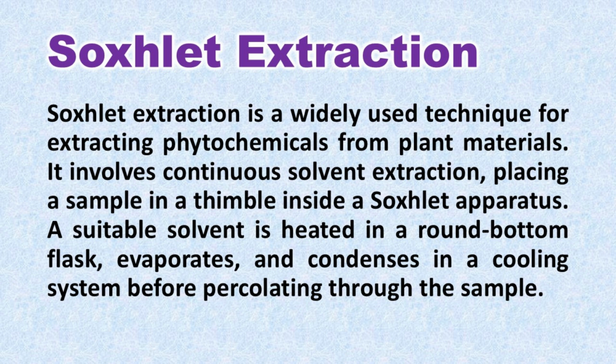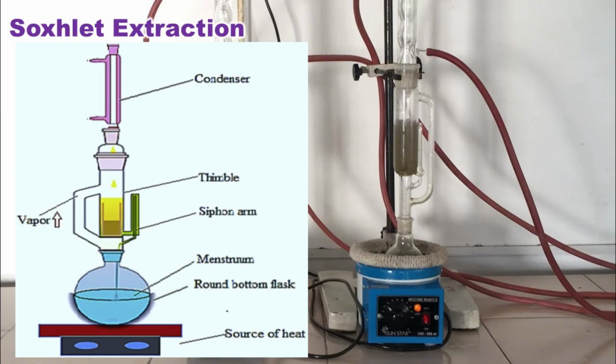So what you are doing is you are keeping the plant material in the thimble, and then you are keeping the solvent in the round bottom flask at the bottom, and you are boiling the solvent, and the vapors pass through this material, and then the phytochemicals in the plant material are released into the solvent, which are later collected.